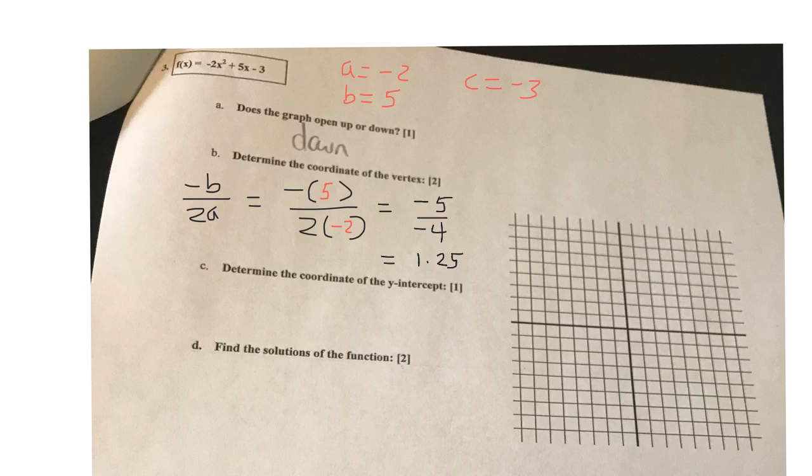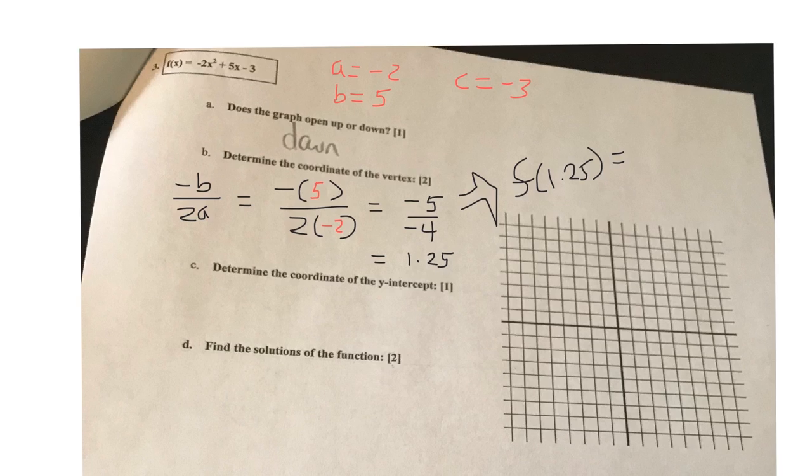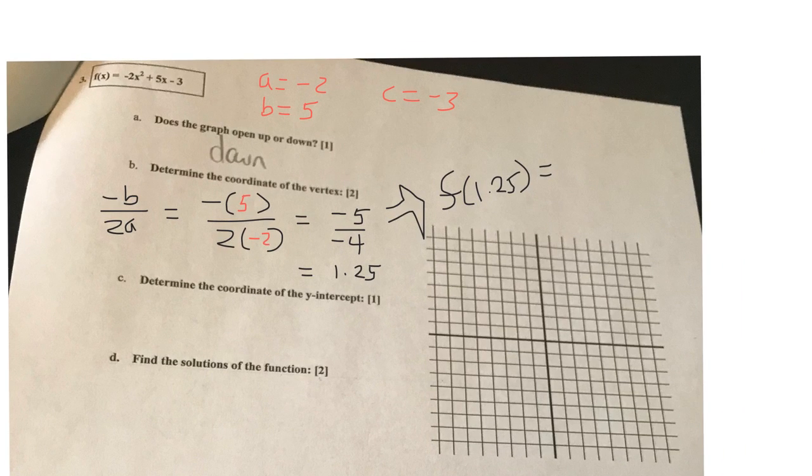I'm going to do it in a darker color. I'm actually just going to do it in black because that green's a little hard to see. So this is what you would calculate in order to figure out what the y-coordinate is. Looks like we're having trouble here. Let's see. I'm going to get thinner ink.